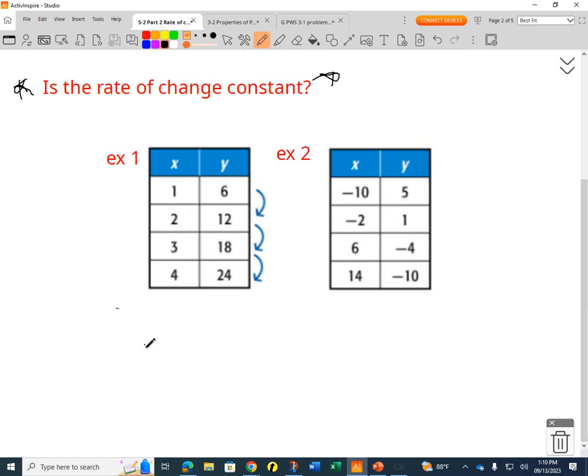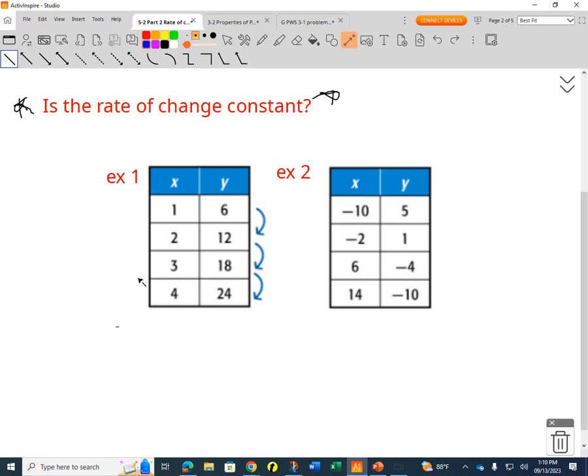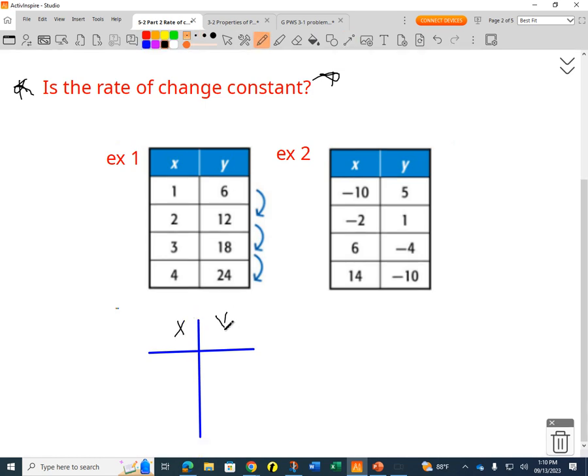And then instead of making this table, you can just make yourself a T-chart. That just means a line here and a line here looks like a T, right? And you're going to write an X and a Y, like I have here, and then write the numbers that I have in my table. So that's how you're going to copy it into your notes.